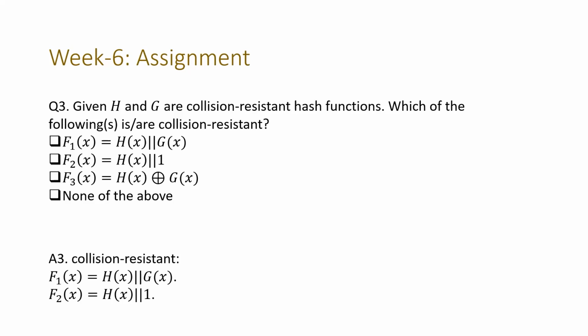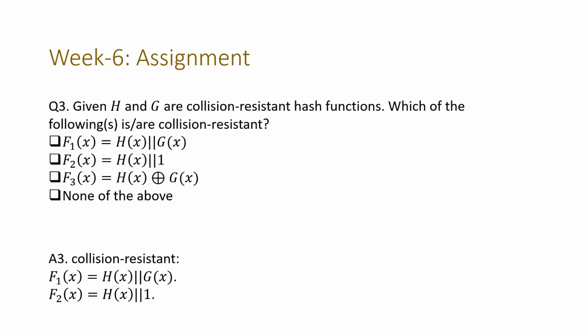So just to see the most obvious possibility, you can be given G and H as the same hash function, and if that is the case, for sure F3x will be H of x XORed with H of x, and that would be a string of all zeros, and irrespective of whatever input x is given to F3, the output will always be the all zero string, right? And that is certainly not collision resistant. So by finding this particular counterexample, we conclude that F3 is not collision resistant.